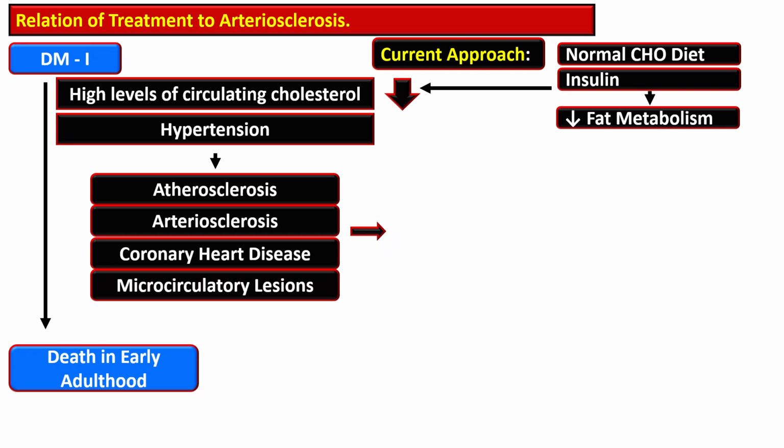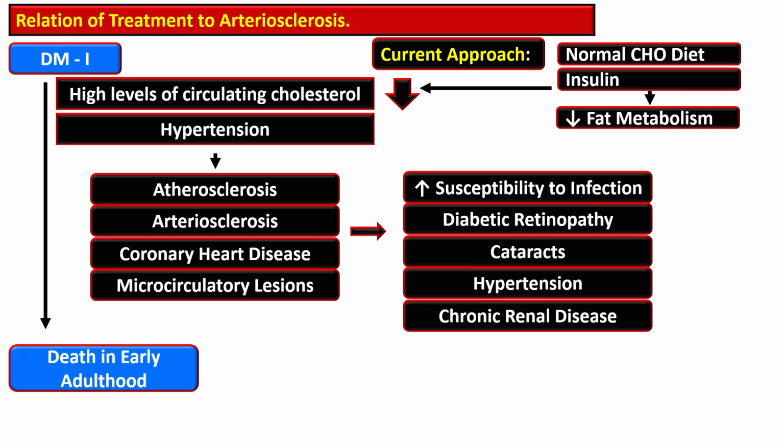So, the current approach for this is to encourage the patient to consume a normal carbohydrate diet with sufficient insulin administration to mobilize the carbohydrate. This approach reduces fat metabolism and lowers the elevated cholesterol and lipid level, reducing the risk of arteriosclerosis and atherosclerosis.